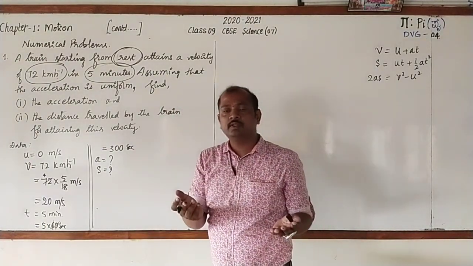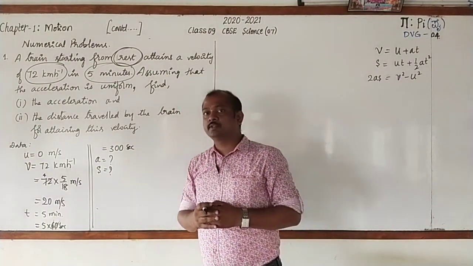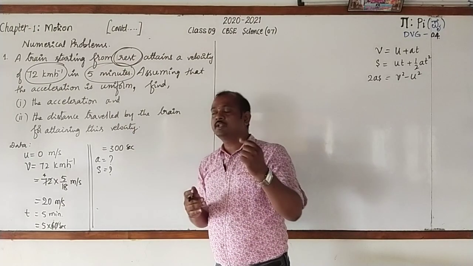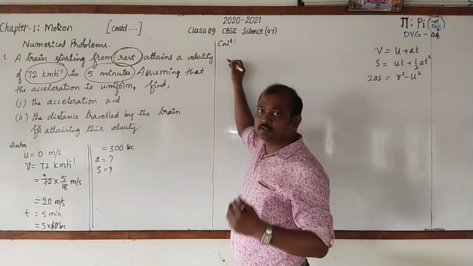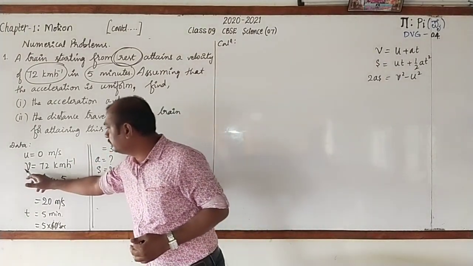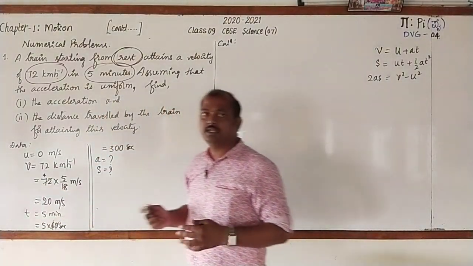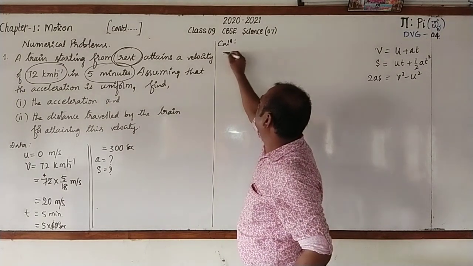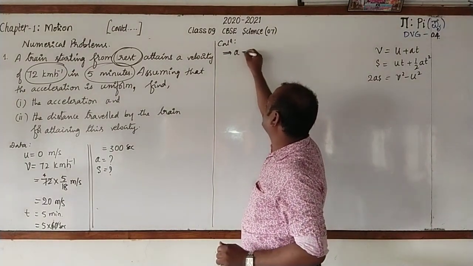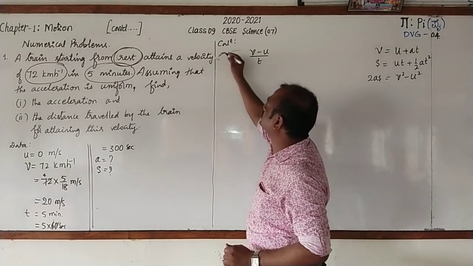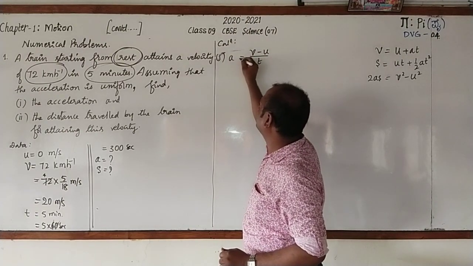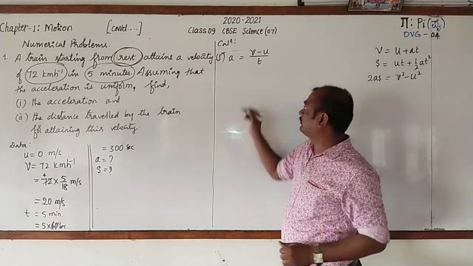We have already the formula to find out acceleration. What is that? It is A equal to V minus U by T. See that here is V, U as well as T. You can go for finding that. It is A equal to V minus U by T. This is first one. A equal to. Now substitute the values.